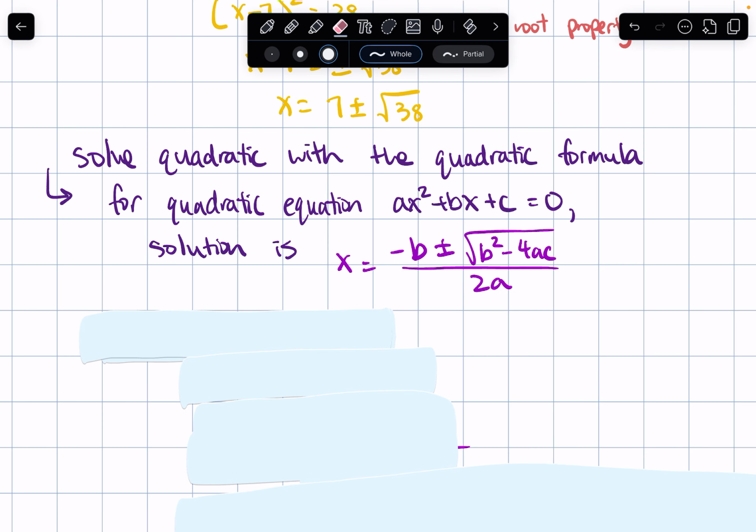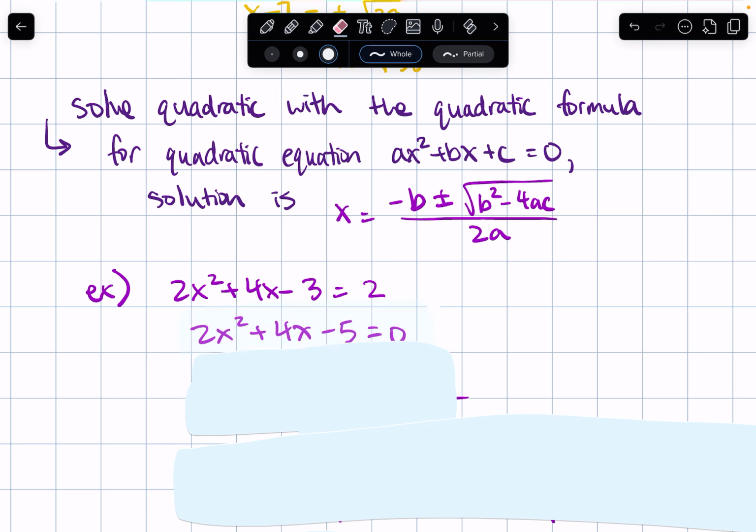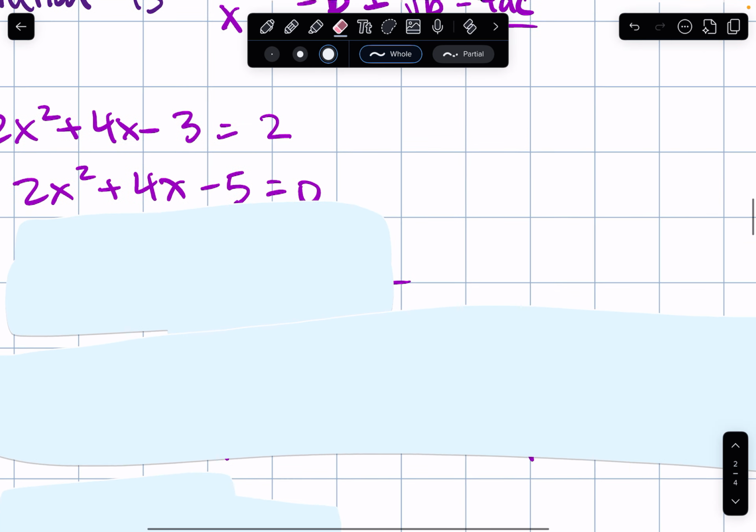So when you have a quadratic equation that is in this form, then you can use the quadratic formula to solve for it. An example is 2x squared plus 4x minus 3 equals 2. So we're going to do the same thing. We're going to move everything to the left side and then set that equal to 0.